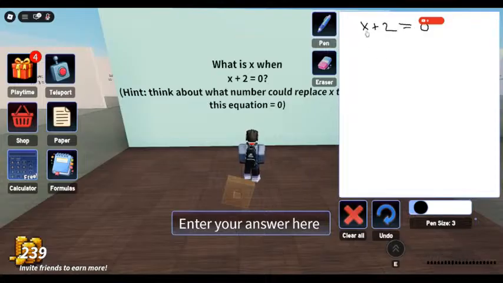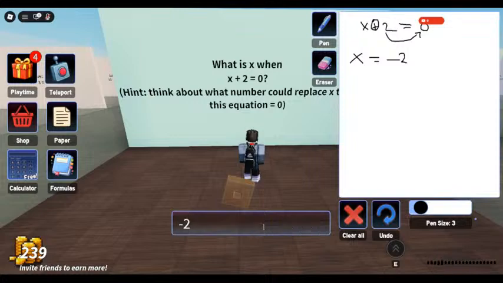To get the x, we just need to transpose this to the other side. When transposing, you change the sign of it. So then x is equal to negative 2 if you flip it here. So the answer is negative 2.